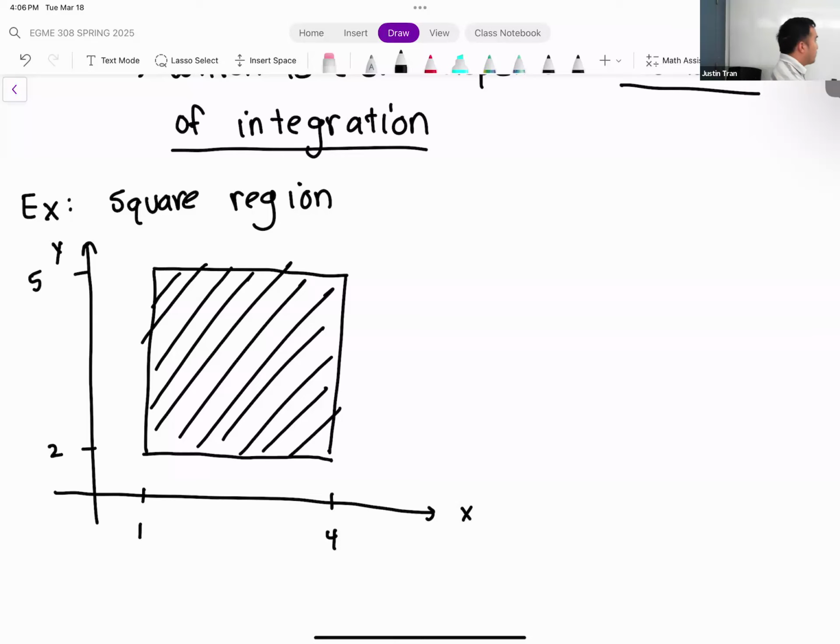So each side of the square is length 3, and it takes up a different portion of the XY plane. Okay, so let's see what this would look like if we wanted to integrate over this region with a double integral.